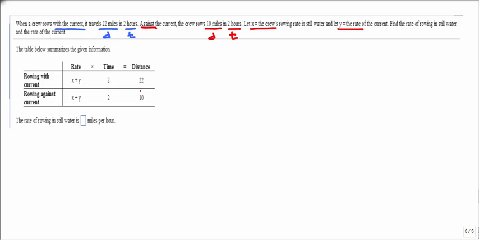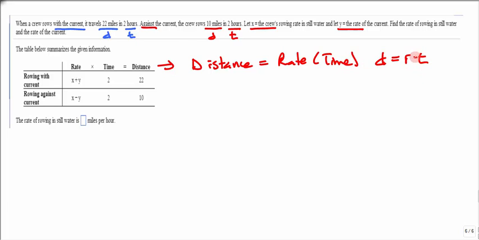So to get started, it says find the rate of rowing in still water. We have a formula that's noted at the top here that you might not notice. It's distance equals rate times time. To abbreviate that, a lot of times we say D equals RT.